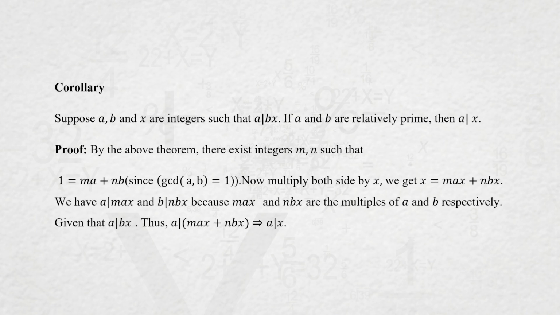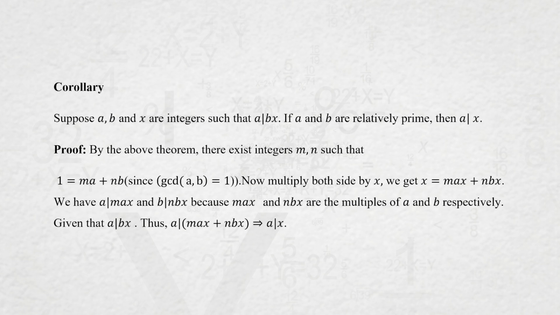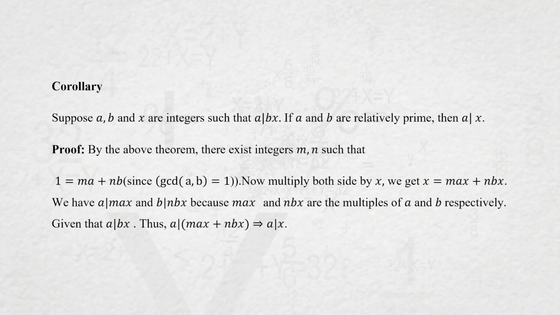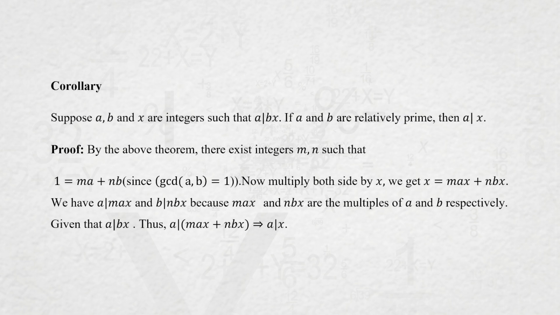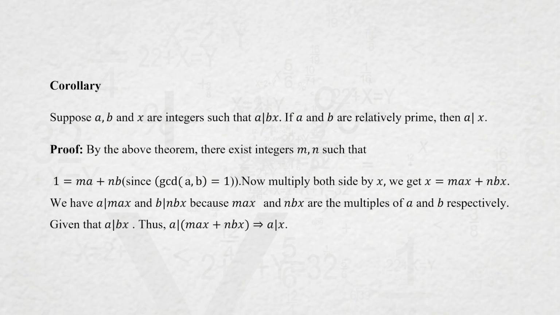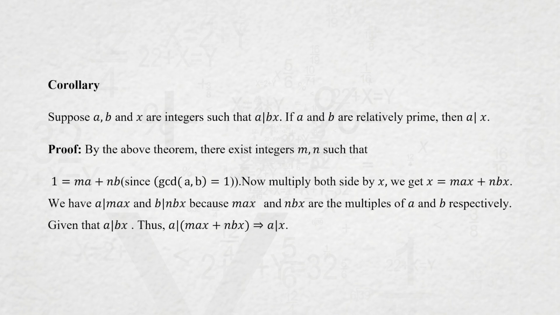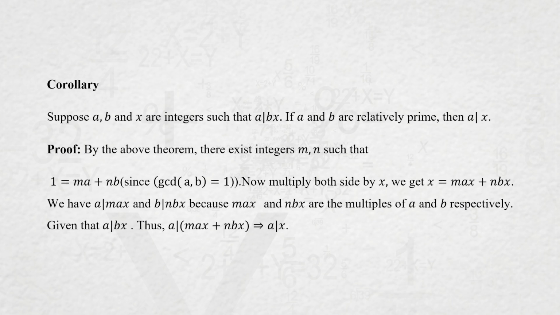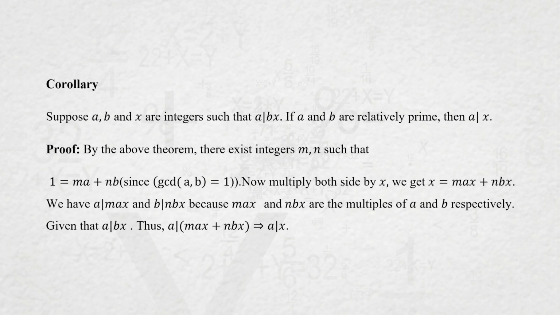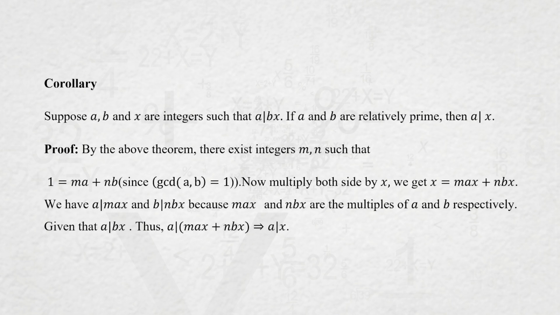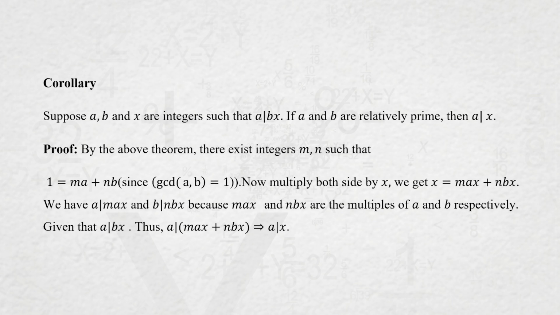By the above theorem, we haven't seen the proof, but have the statement in your mind. There exist integers m and n such that 1 can be written as ma plus nb, because here 1 is the GCD of a and b, as a and b are relatively prime. Now, multiply both sides by x, we get x is equal to max plus nbx.